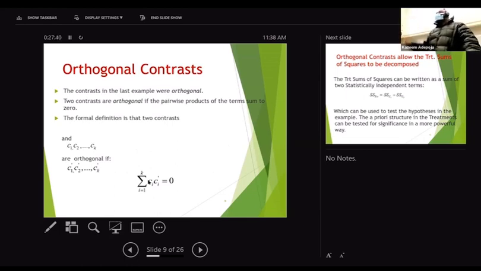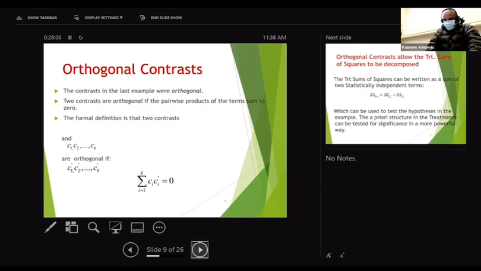If I have 2 contrasts and I multiply their corresponding weight and I add that together across groups, it must give me 0. If it doesn't give me 0, then a mistake has been made in the construction or in the setting up of the contrast weight.